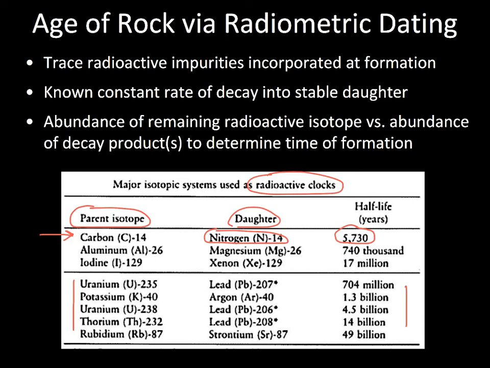It takes a lot longer for half of those samples to decay into stable daughter, and so you can date rocks that are a lot older using those. So this again is possibly stuff that you already know, but it's important to recognize when we start talking about, oh, this particular rock was formed X number of years ago, that you actually have an idea of how scientists are figuring that out.